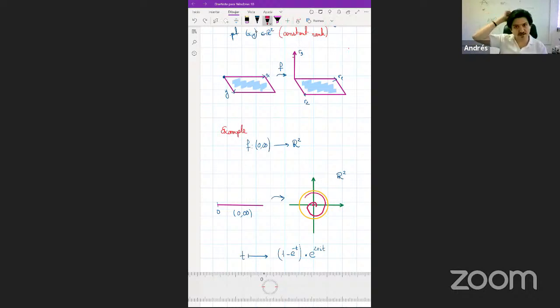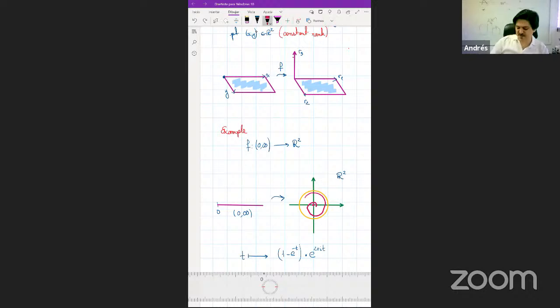It's smaller than 1. The e to the minus t is indeed 1 at t equals 0, but when we subtract, 1 minus e to the minus t goes to 0.